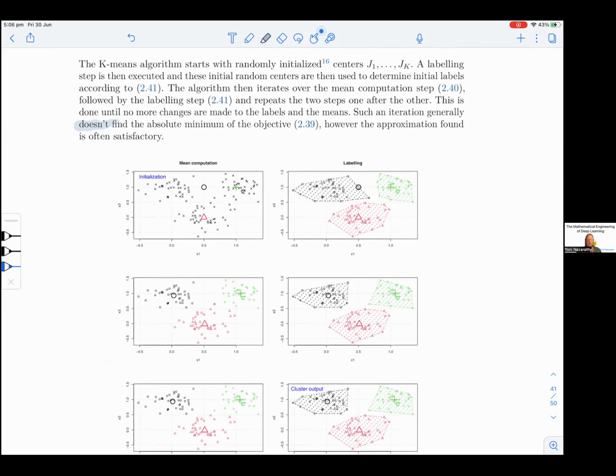The algorithm then iterates over the mean computation step, 2.40, followed by the labeling step, 2.41, and repeats the two steps, one after the other. This is done until no more changes are made to the labels and the means. Such an iteration generally does not find an absolute minimum of the objective 2.39. However, the approximation found is often satisfactory. So we iterate between mean computation and labeling.